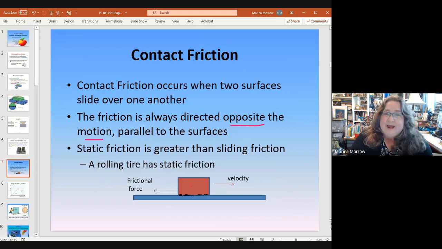And as it moves, perhaps it's just sliding along, the frictional force is in the opposite direction to the velocity. So the block is experiencing a frictional force that is in the opposite direction to the velocity. So yes, it's always opposite the motion. Now, that is called sliding friction too.